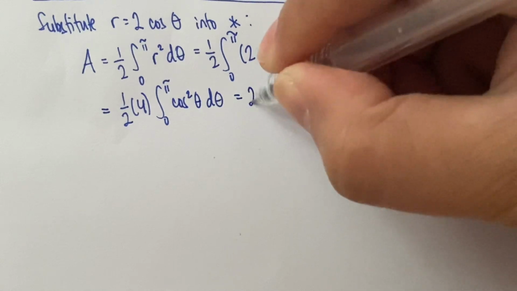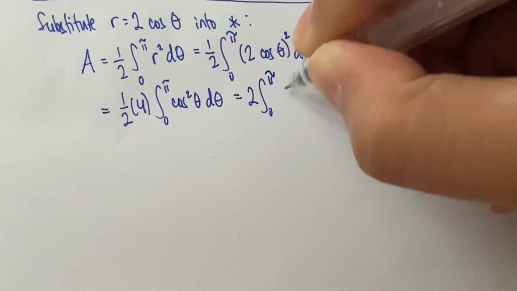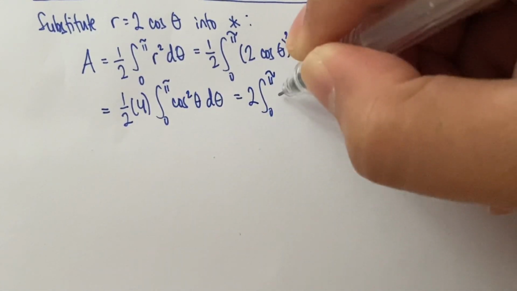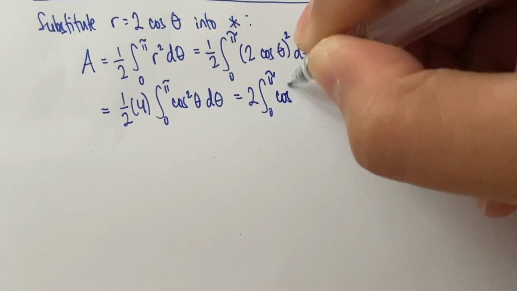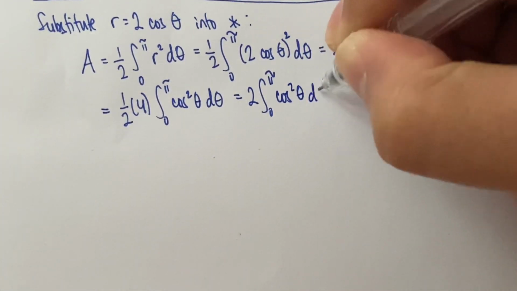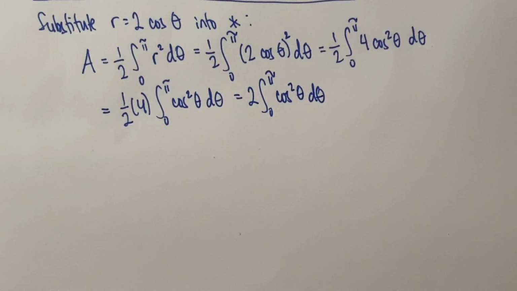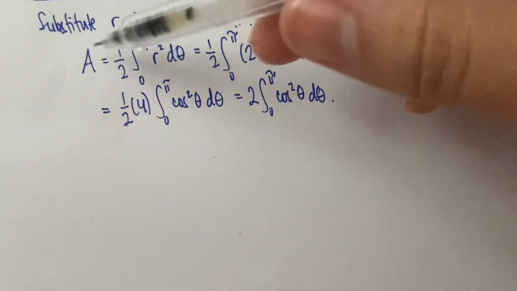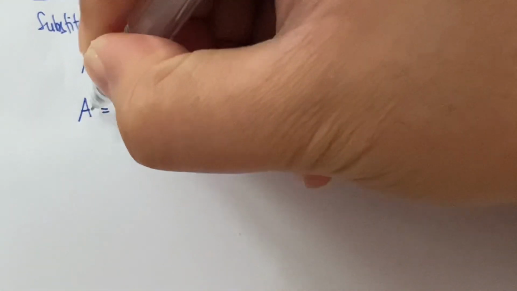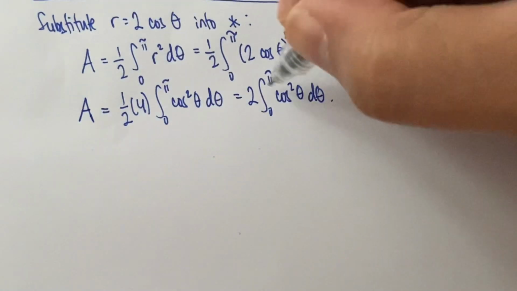Therefore, 2 times the integral from 0 to pi of cosine squared theta d theta. We're done setting up the integral, so our area is equal to this.